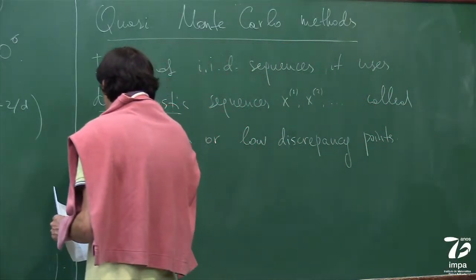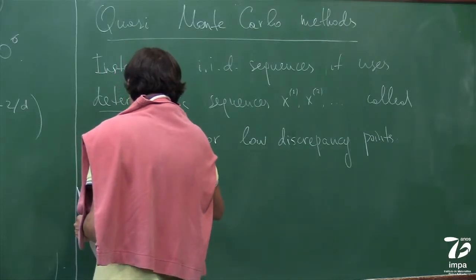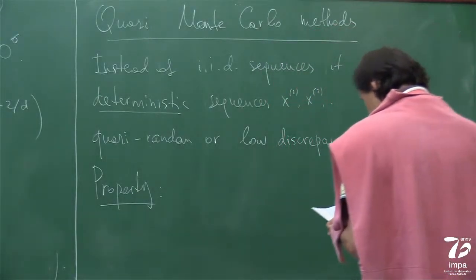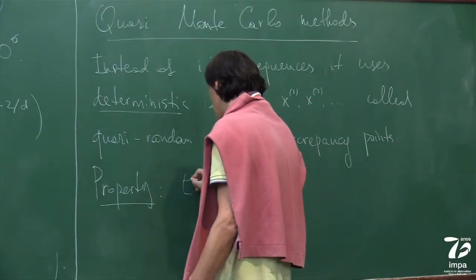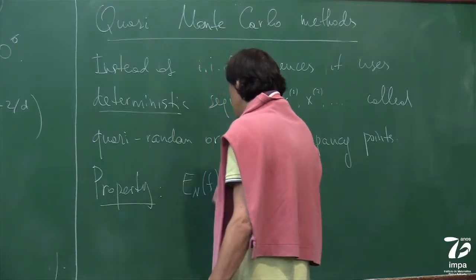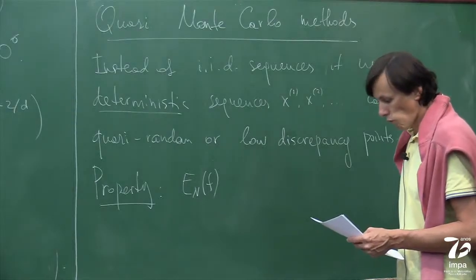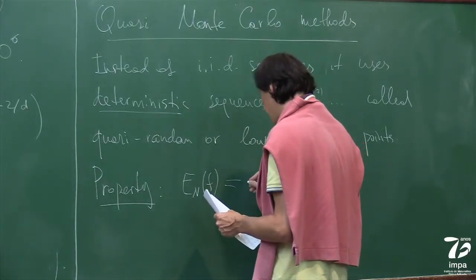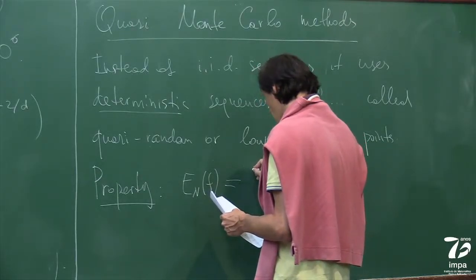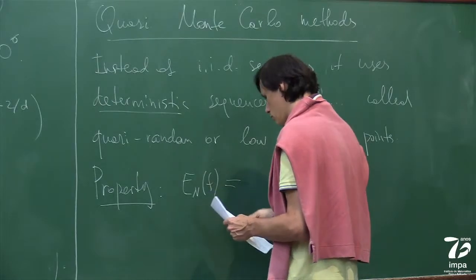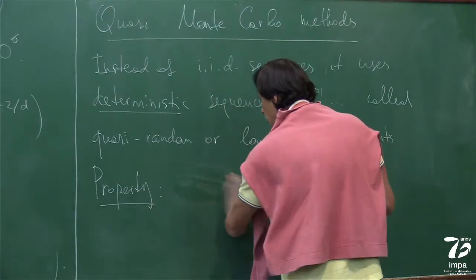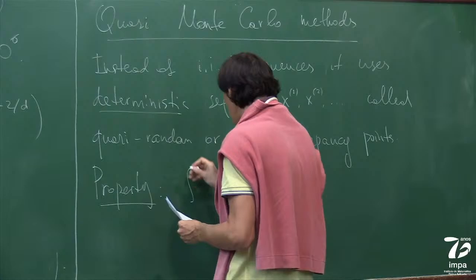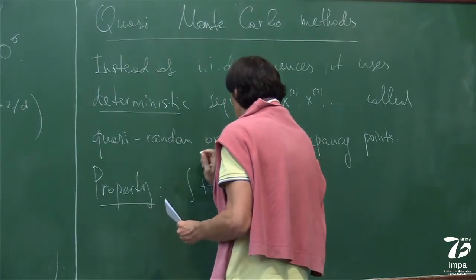So the main property of this sequence, which essentially defines what this quasi-randomness means, is that whenever you compute the mean value of the function f with endpoints, so we approximate in the same way the integral of f dx.